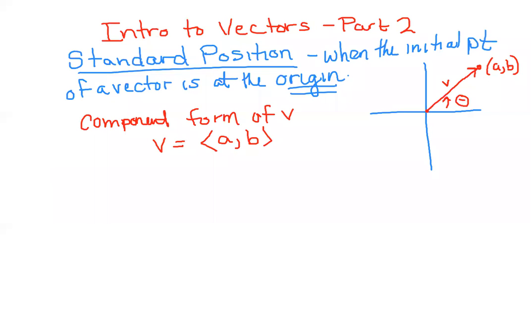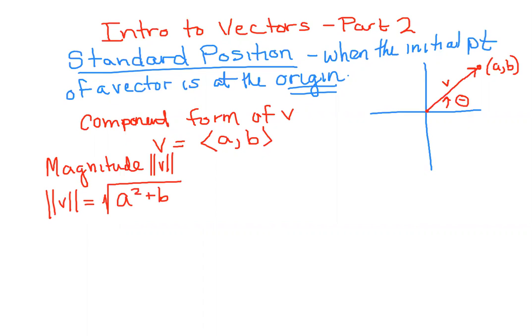The magnitude, we're just going to find using the distance formula, but now one of our points is 0, 0, so it simplifies just to the square root of a squared plus b squared, and the direction angle, theta, can be found with the formula tangent theta equals b over a.